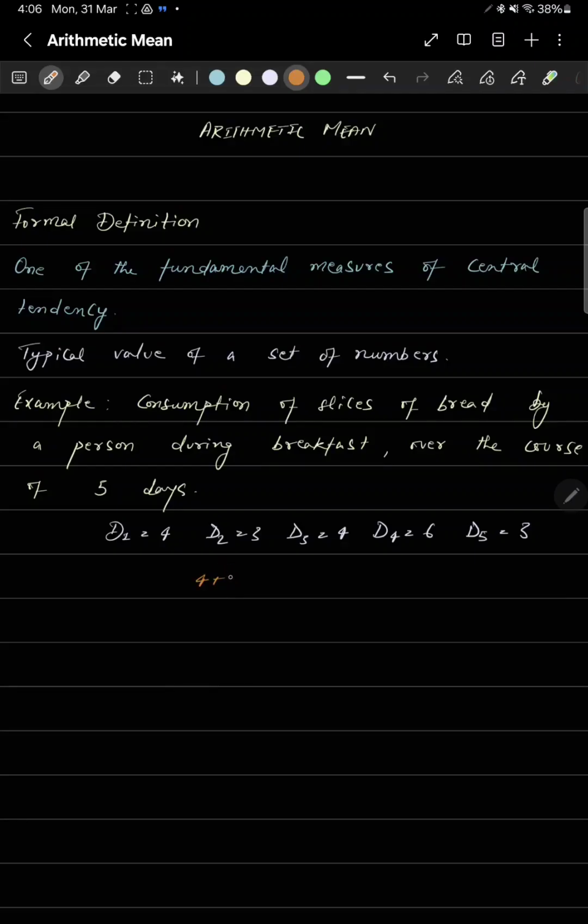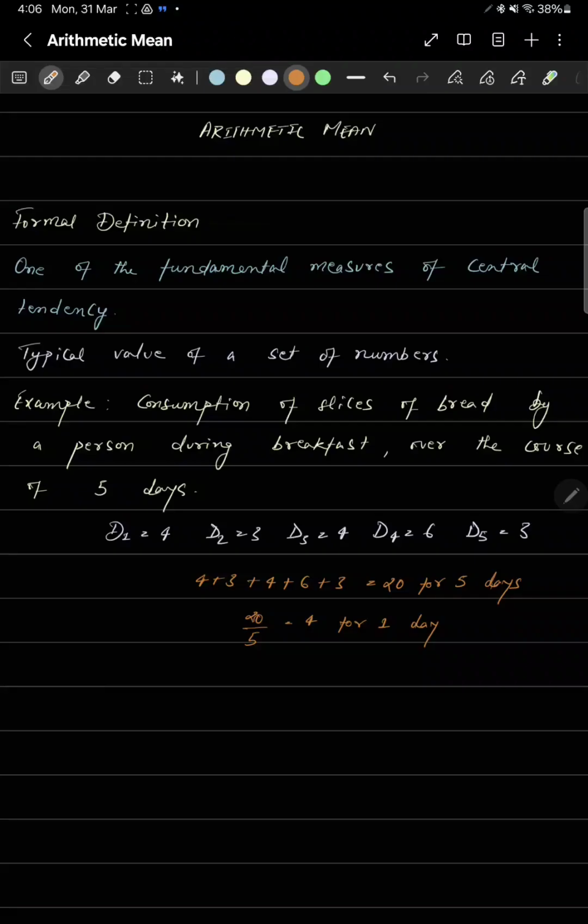So you would add everything, 4 plus 3 plus 4 plus 6 plus 3, come to 20 slices for 5 days. Now since you want to find out how many slices of bread that person would typically consume in one day, what you would do is 20 over 5, for 1 day, right? So this is a simple calculation that you would do.